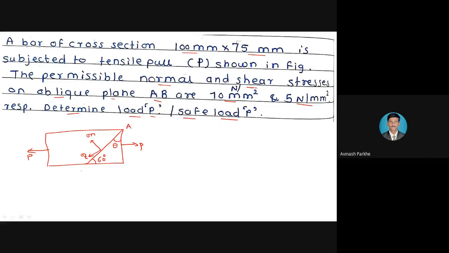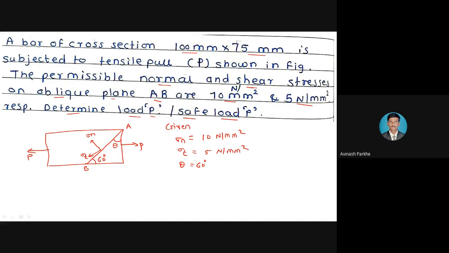So this is A and B. This is the given figure. If I write down all the given parameters, sigma n is equal to 10 Newton per mm square. Then sigma t, which is called tangential stress or also shear stress, is equal to 5 Newton per mm square. Then theta is equal to 60 degree.